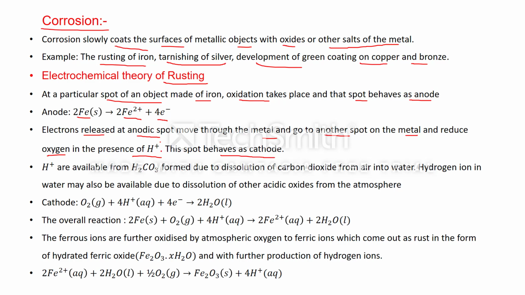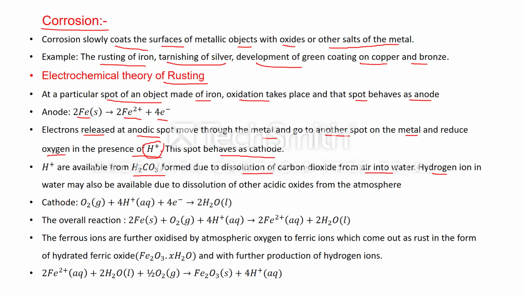Now the question arises, where do these H+ ions come from? H+ ions are available from H2CO3. How is this H2CO3 formed? It is formed when water vapor reacts with carbon dioxide, due to the dissolution of carbon dioxide from air into water.